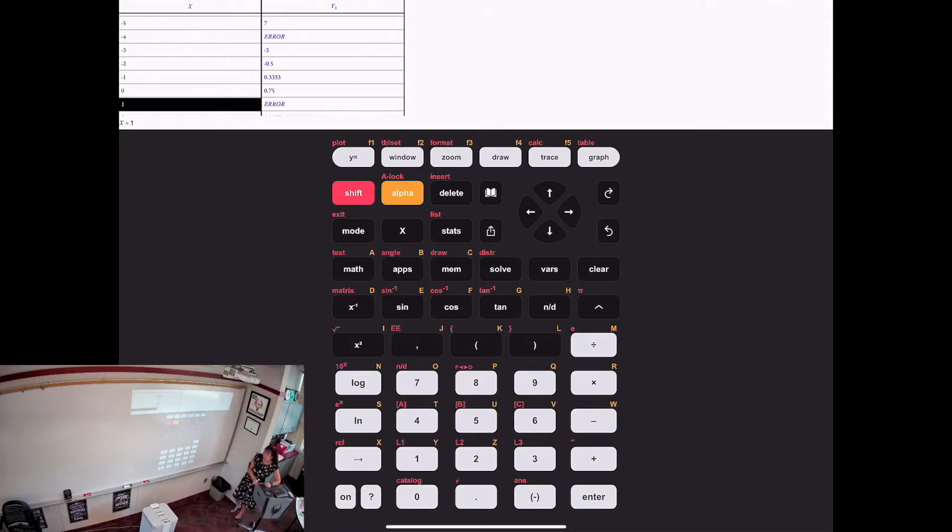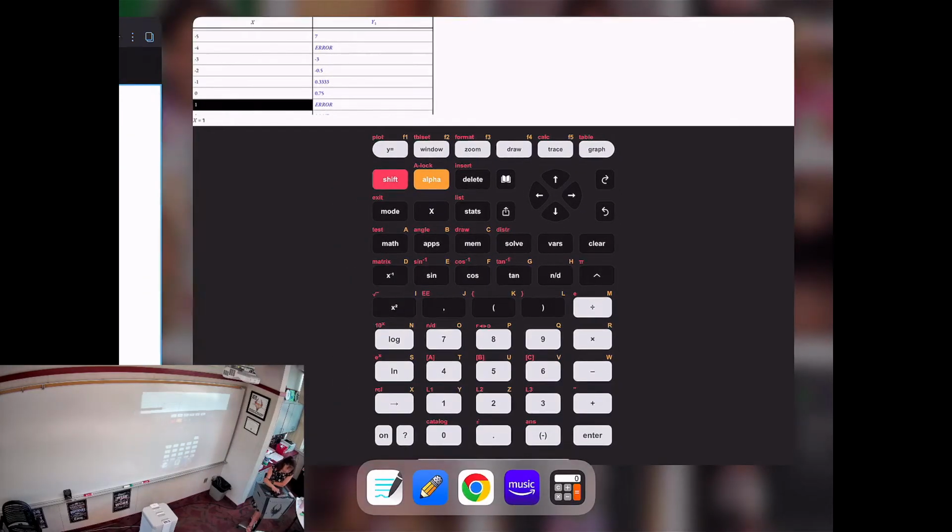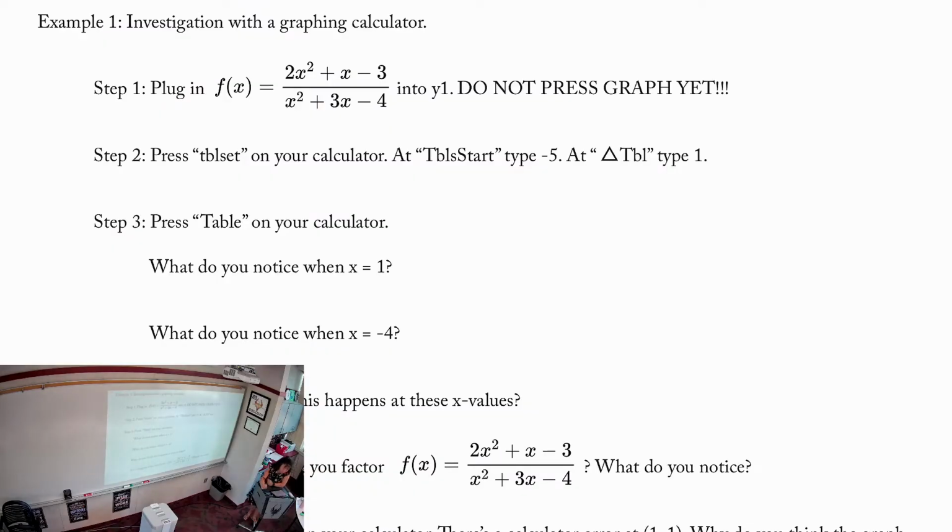But what you notice is that at x equals 1 there's an error, and at x equals -4 there's an error. Okay, so when we go to the table, what you notice at x equals 1 is that it says error. Same thing at negative 4. Why do you think that there's an error?